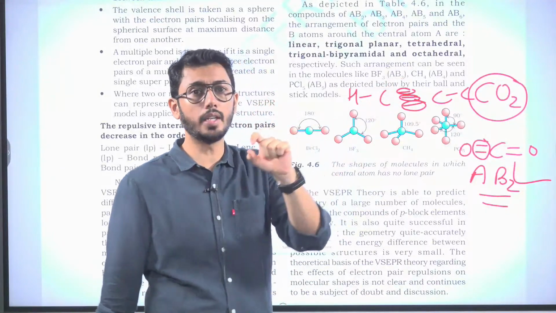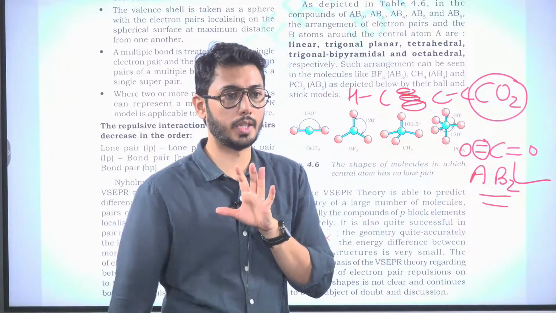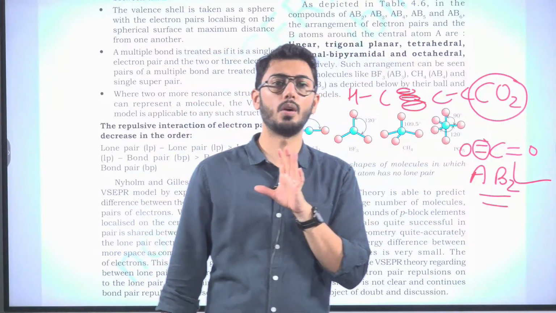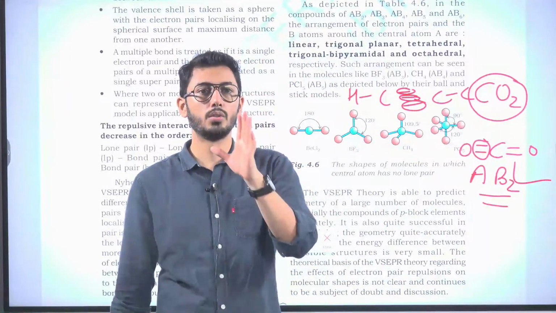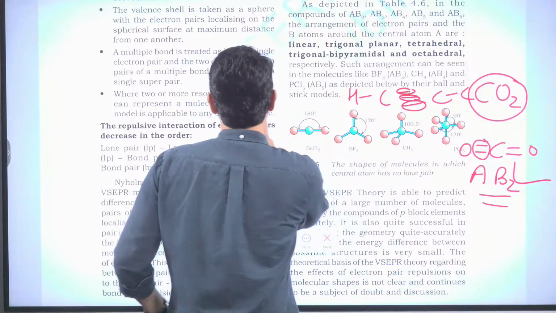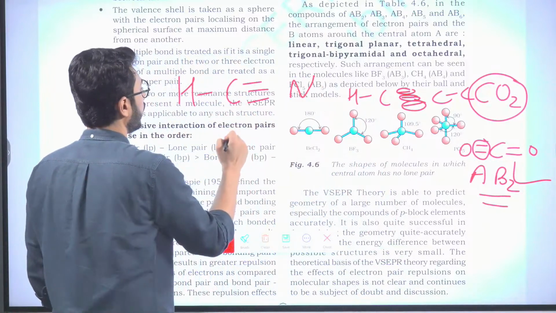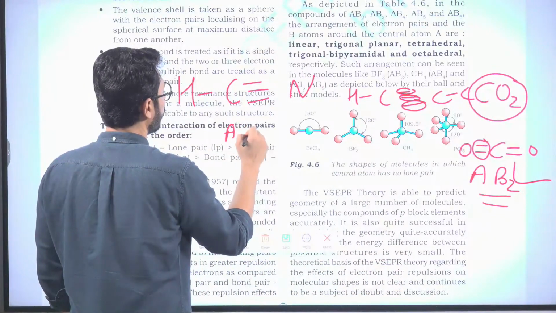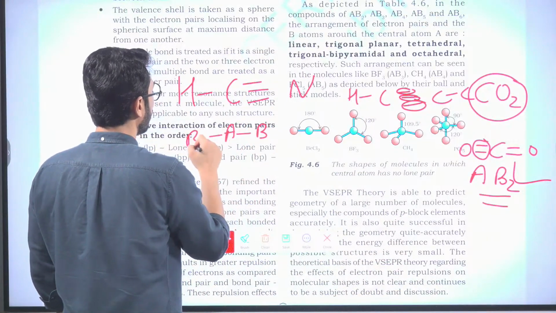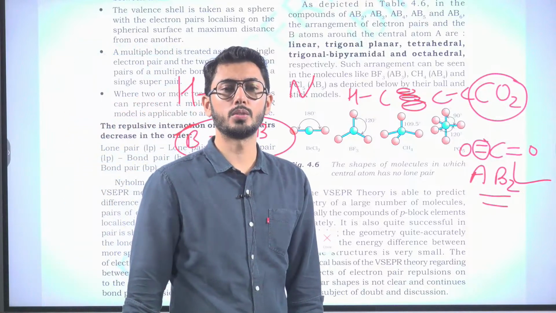They can be treated as a single super pair. So we will say in this case the HCN molecule is also similar, it is also AB2 type.